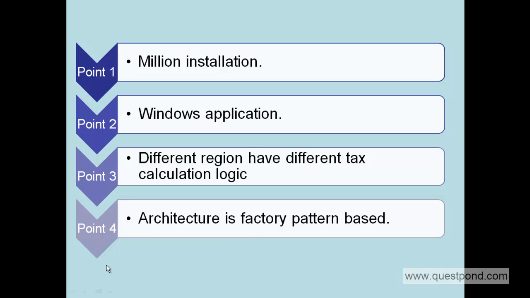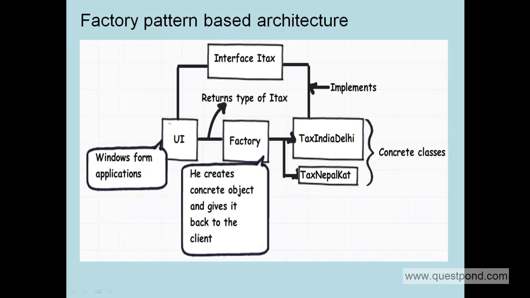So let's talk about this point number 4 more, because that's where our problem actually revolves. The complete solution, or the complete project, is divided into 4 projects. The first one is the user interface: the Windows application forms, your buttons, your text boxes, everything comes in this project. The second project is the interface.